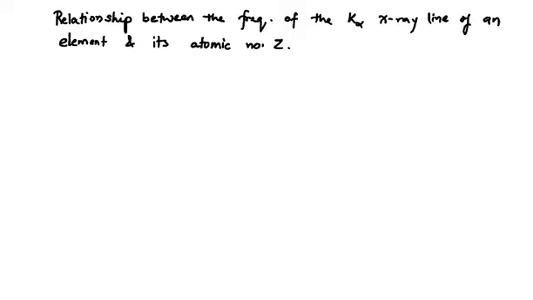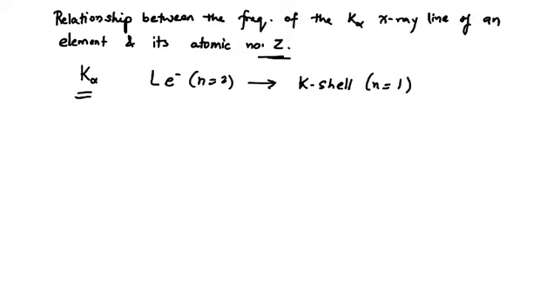Now it's easy to find an approximate relationship between the frequency of the K alpha X-ray line of an element and its atomic number Z. For example, a K alpha photon is emitted when an L electron, which is n equals 2, goes to a vacant K shell, and when it goes to the K shell, it is actually the K alpha line, right? From L to K, it's called the K alpha line.